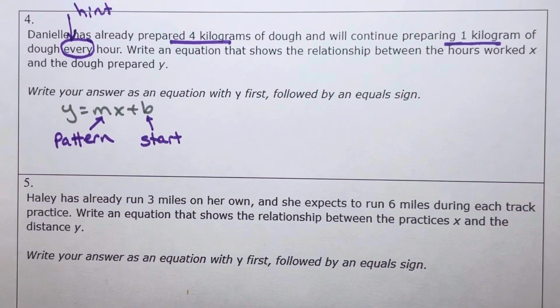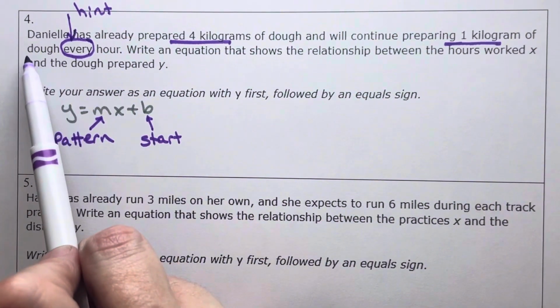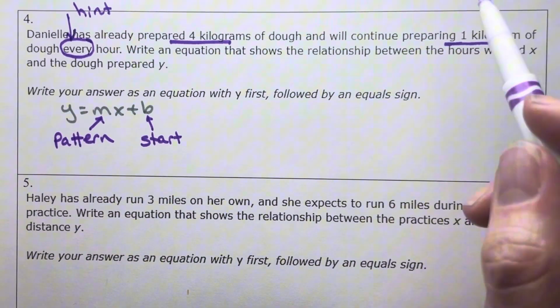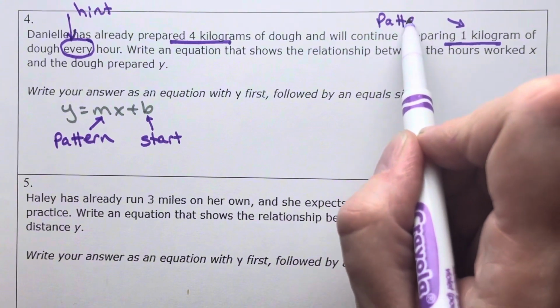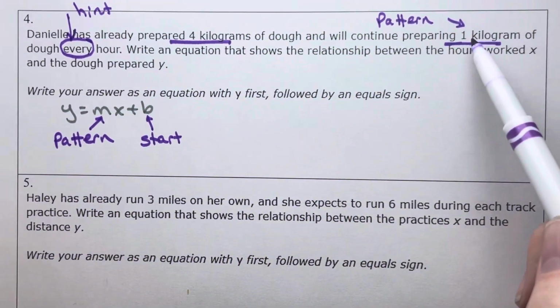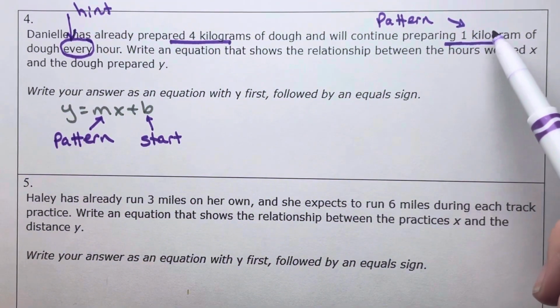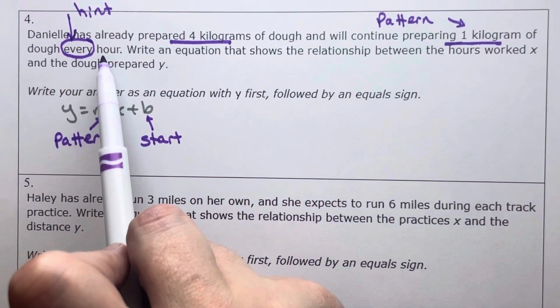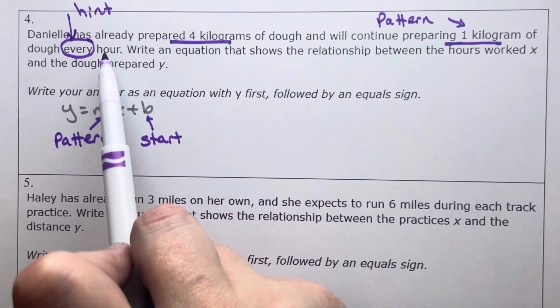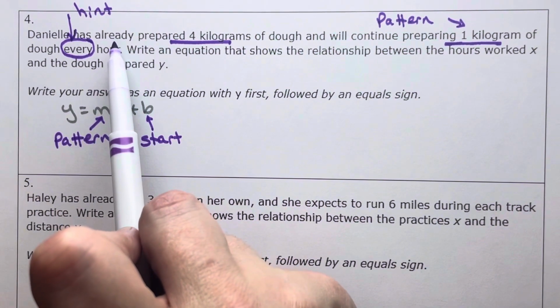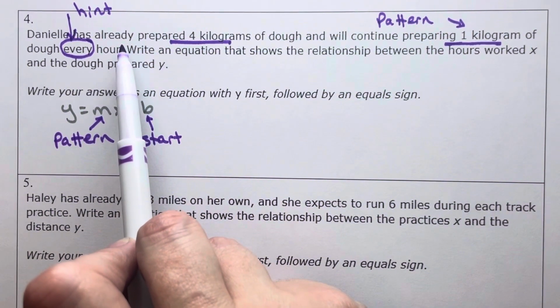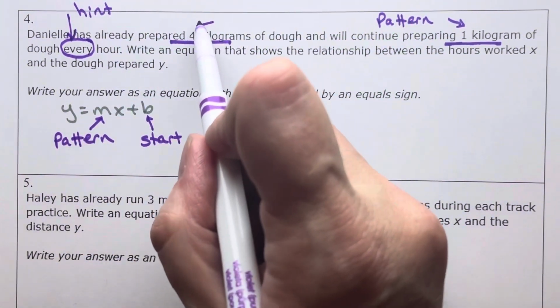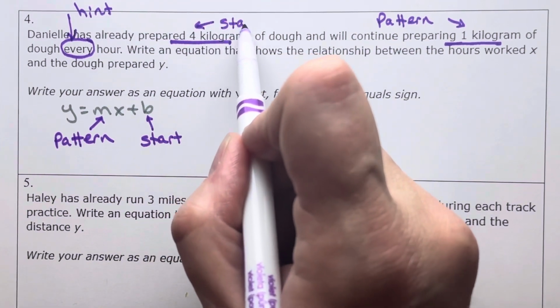And as a result, we know that the number that goes with that every, which is 1, is our pattern, because she's going to make 1 kilogram again and again and again for every hour that she's doing the work in the kitchen. And we have learned that at the start of our story, things have already happened. So that's our y-intercept. This 4 is the start.